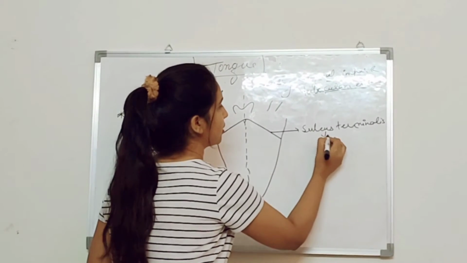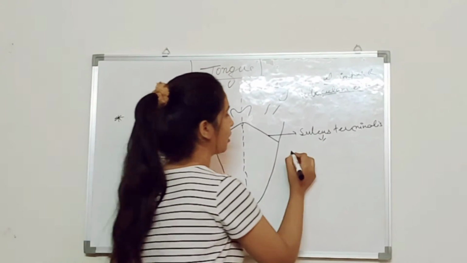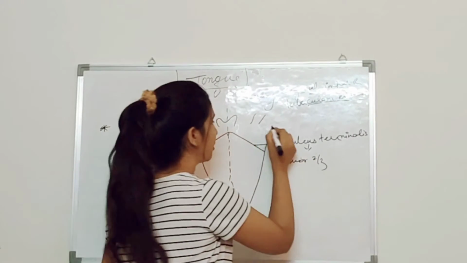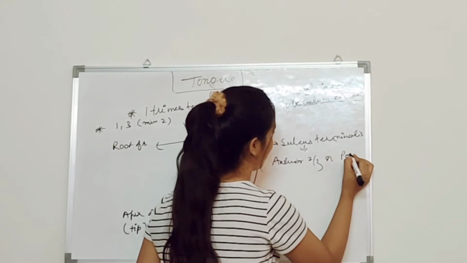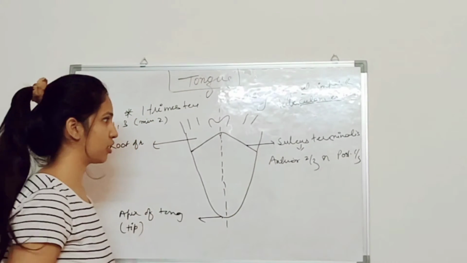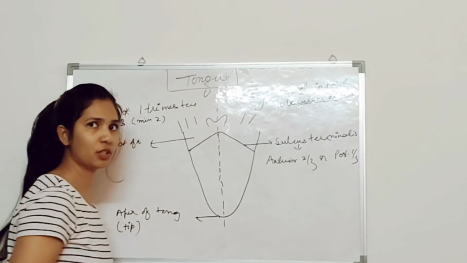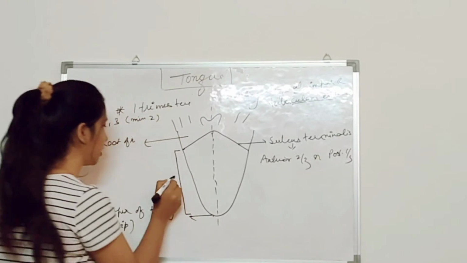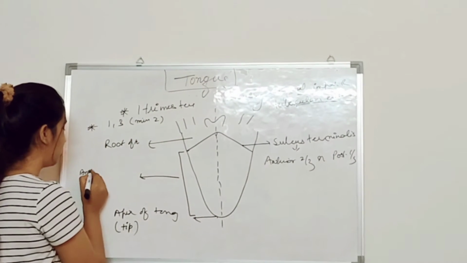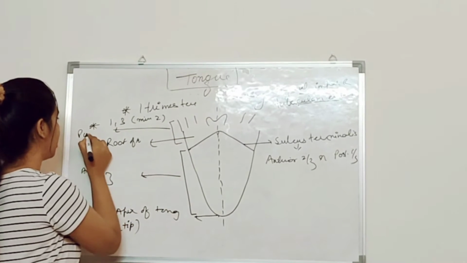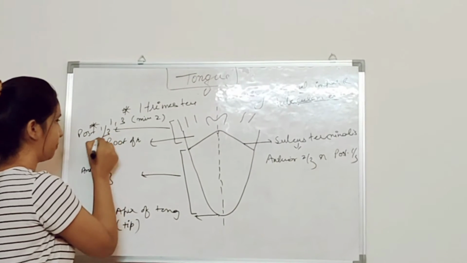This sulcus terminalis divides the tongue into the anterior 2/3 and the posterior 1/3. So this concept gets clear in this video, how the tongue is divided into the anterior 2/3 part and the posterior 1/3 part. This part is called the anterior 2/3 and this part is called the posterior 1/3.